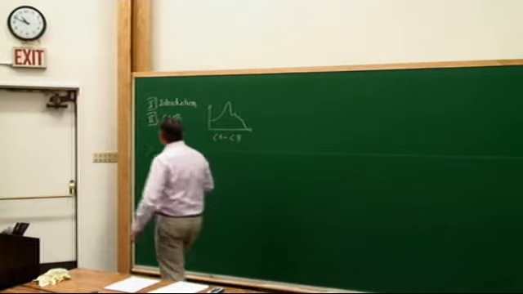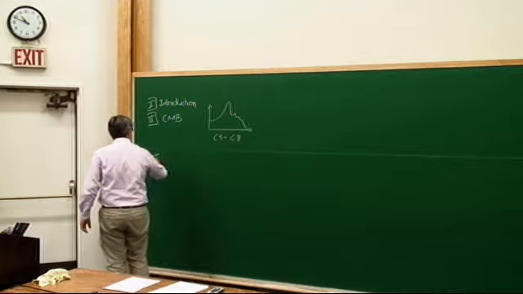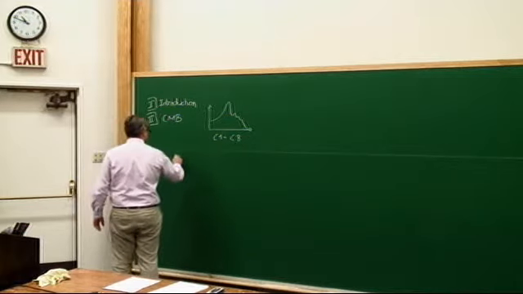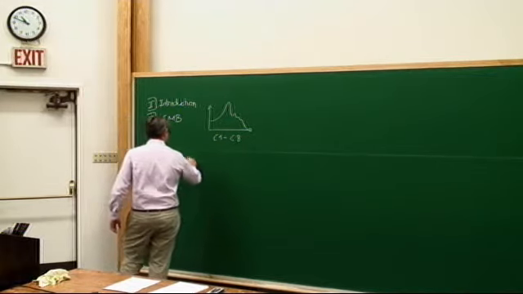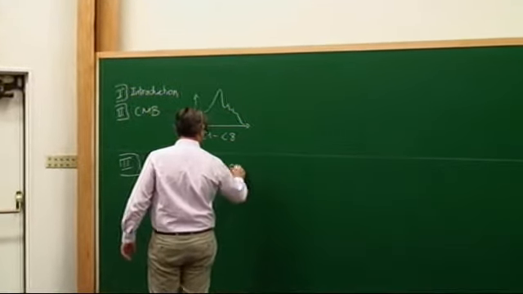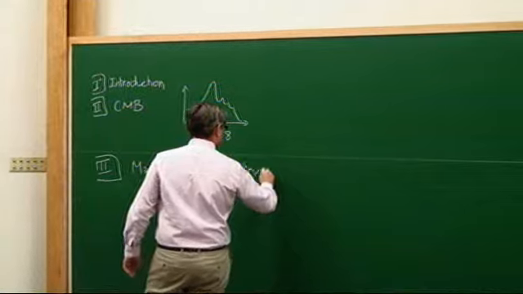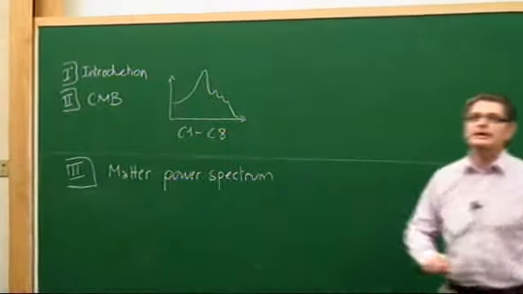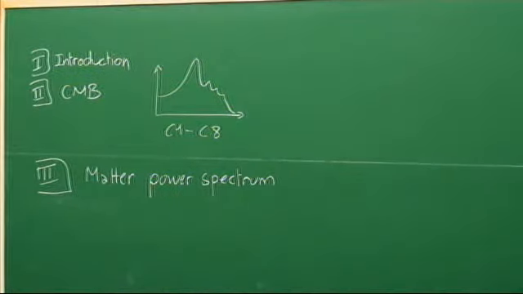Then part 3 will be shorter. It will be the same for the matter power spectrum. I will only discuss the basics, namely the linear spectrum of the minimal lambda CDM model.